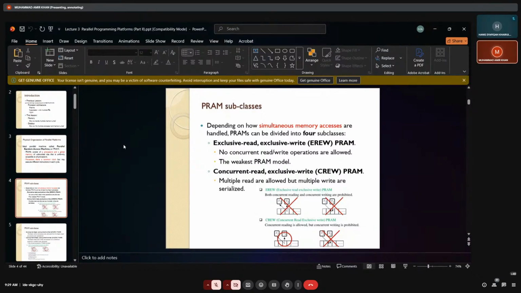Here multiple reads are allowed, but multiple writes are serialized. So here you can see in the diagram, in the first, both concurrent reading and concurrent writing are prohibited. But here concurrent reading is allowed, but concurrent writing is prohibited.